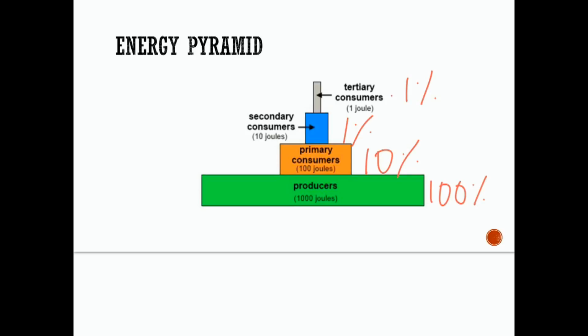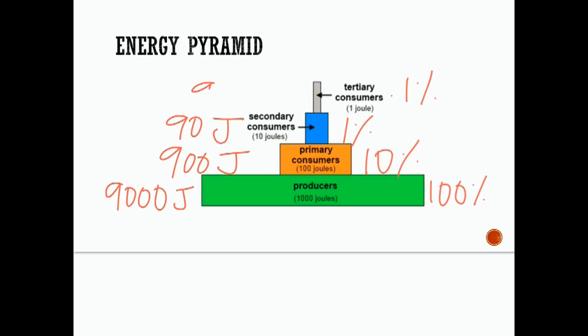With the ones, it tends to look pretty easy, but they could have 9,000 joules, right? And at the primary consumer, you just move that decimal over one, so there'd be 900 joules. At the secondary consumer level, move that decimal over one more time, 90 joules of energy available. And at the tertiary consumer, move that decimal to the left one more time, only 9 joules of energy available.